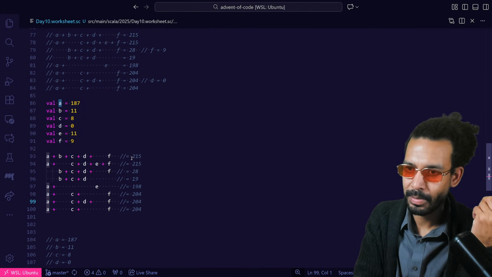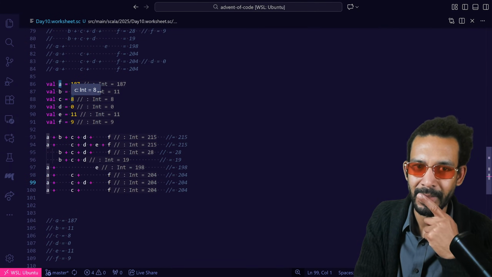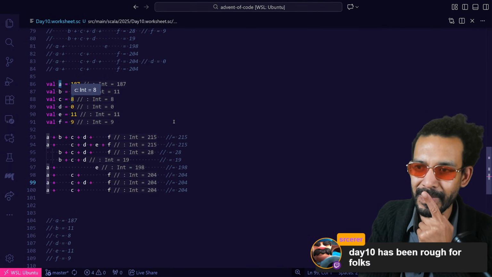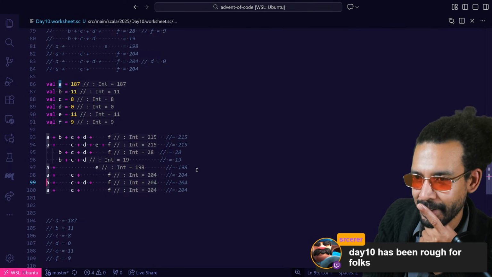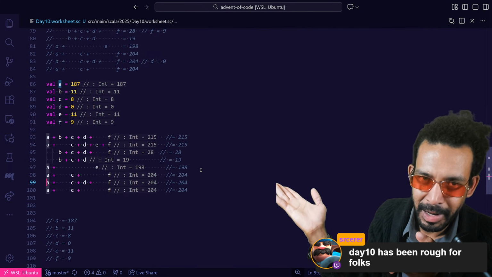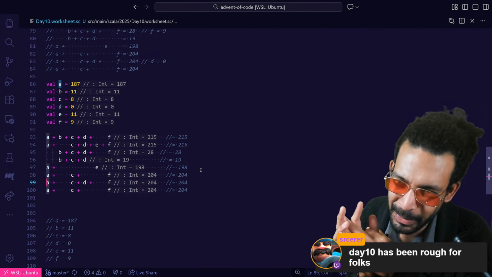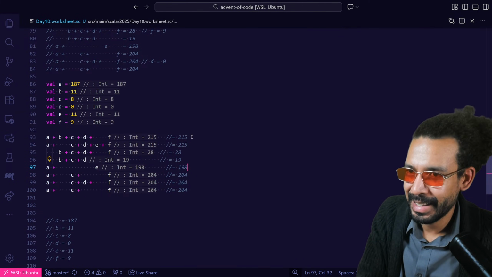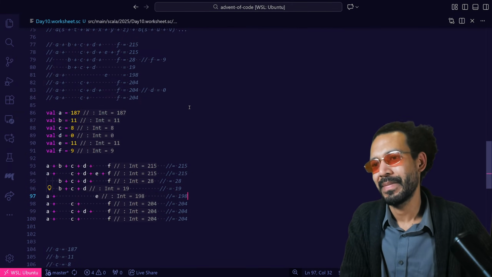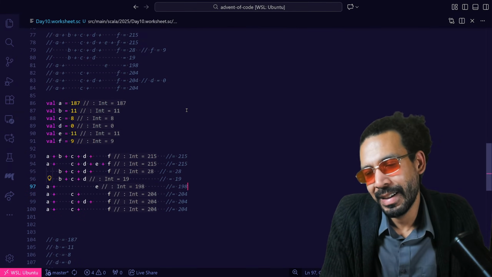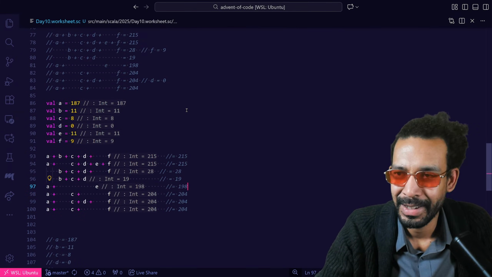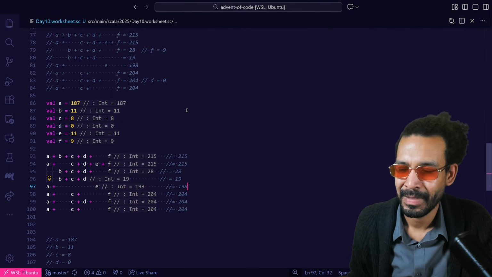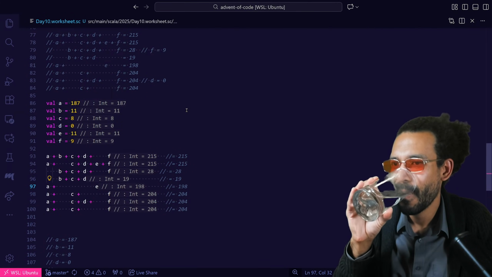Okay, let's see if we get those numbers. Day 10 has been rough. We're solving things by hand, and then hoping we can figure out how to generalize that. Some sort of linear optimization problem.